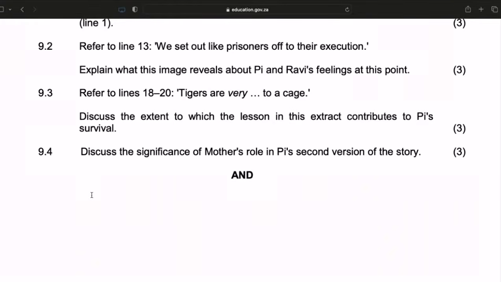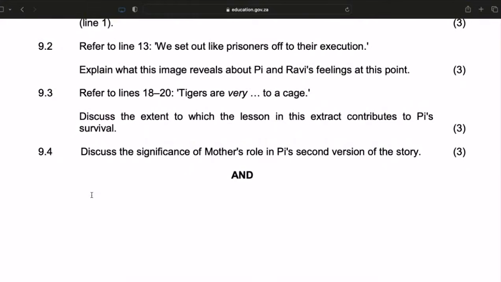And you need to read chapter 99 because in the first story, Pi's mother passed away. We know that, hey? But in the second story, Pi's mother is alive. Okay? So the answer there would be discuss the significance of mother's role.